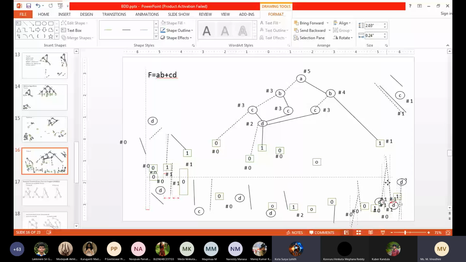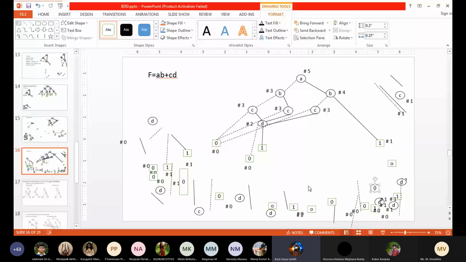One minute, let me do this first. These zeros I have to connect to only one 0. That's what, right? Yes, ma'am. So from here, I have to connect it here, correct? And from this C also I'll connect it here. Correct? Yes, ma'am. Now what else did you tell? The leftmost B can be directly given to 0.